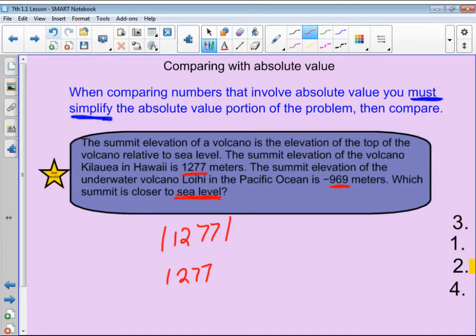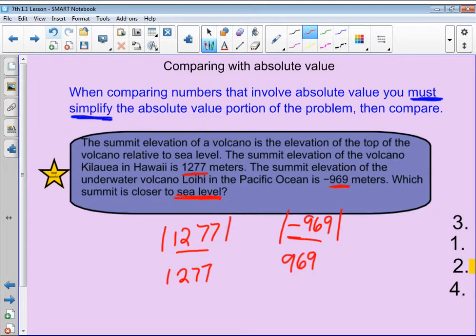Okay, so now I want to figure out the absolute value of negative 969. Well, that would be 969 meters. So now when we think of zero, which of these two is closest to zero on the number line? We're not going to compare these numbers. We're comparing the absolute value of those.